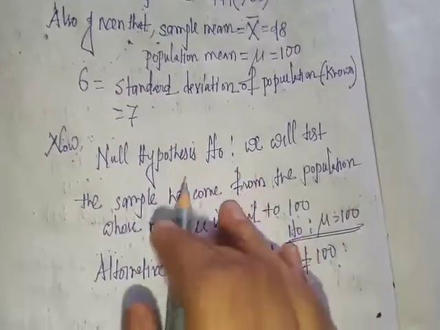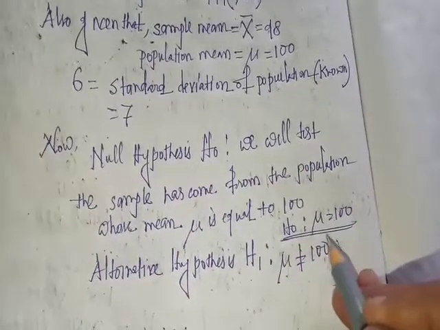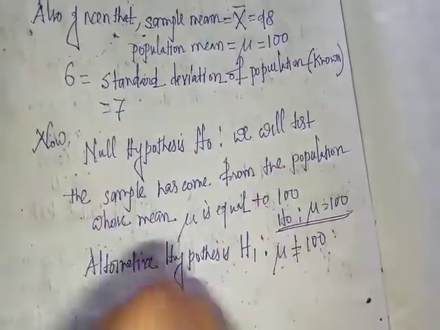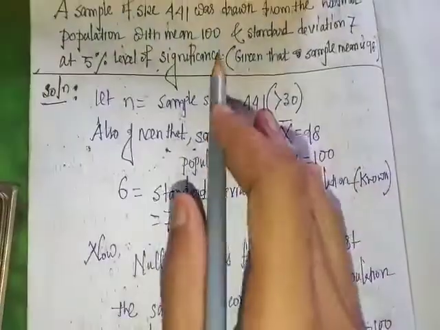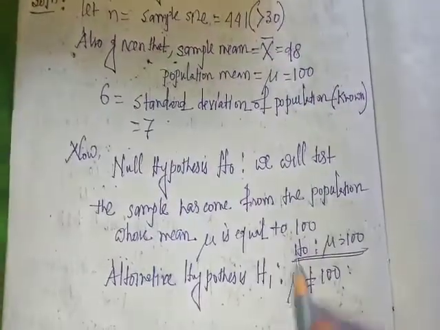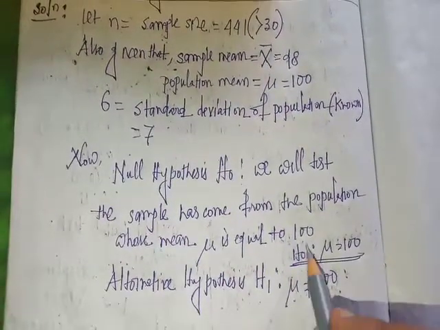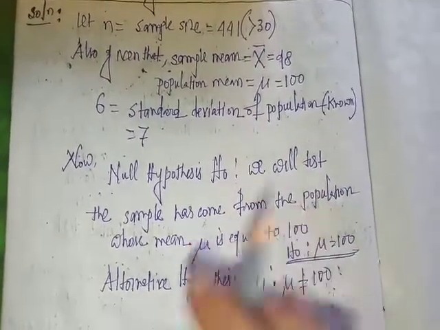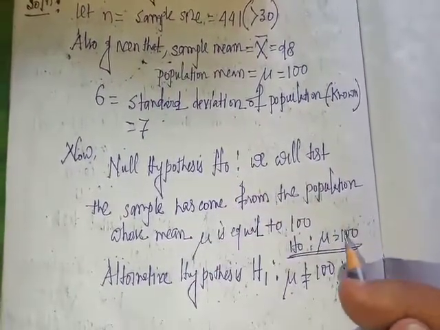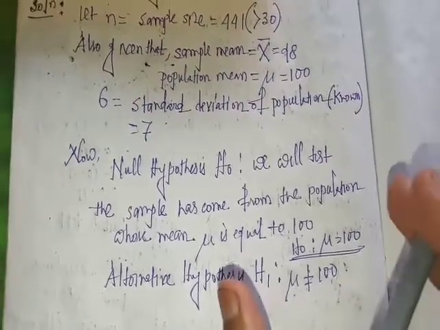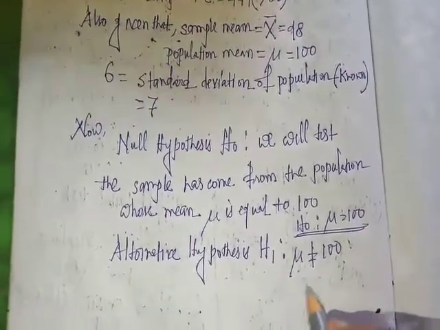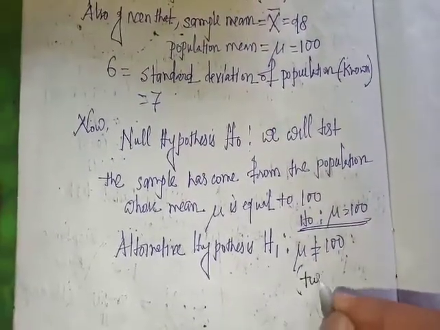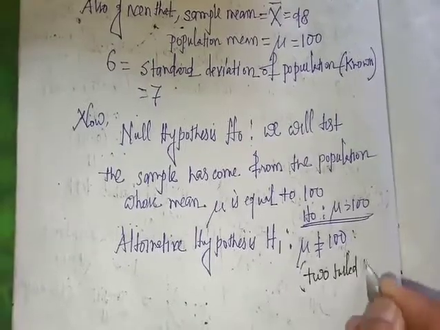We test whether this sample has come from the population whose mean is equal to 100. The alternative is the complement of mu equal to 100, that is mu not equal to 100. So mu not equal to 100 means we use a two-tail test.